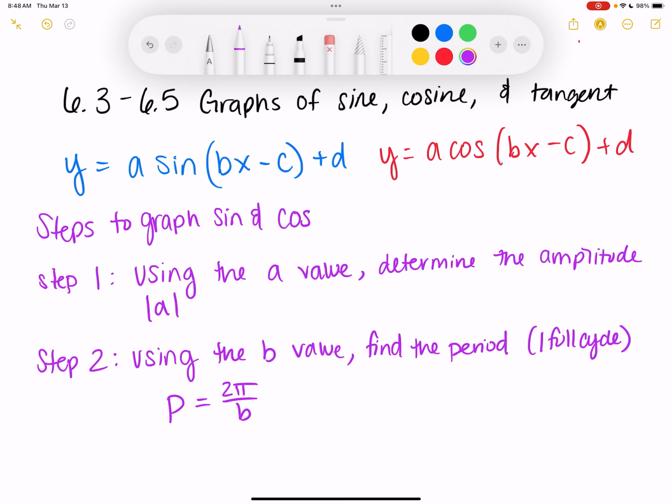Some people say absolute value of b because the period also has to be positive, but I will say in the last couple of weeks doing graphing trig functions in different classes, I have not had a single time where b was negative, so we haven't had to worry about that. So just know that the period has to be positive either way. But the general formula that they tell you is just 2 pi over b. They don't usually say it any other way.